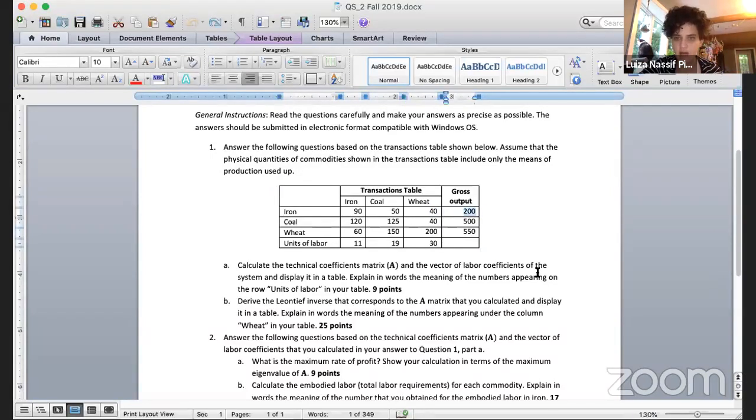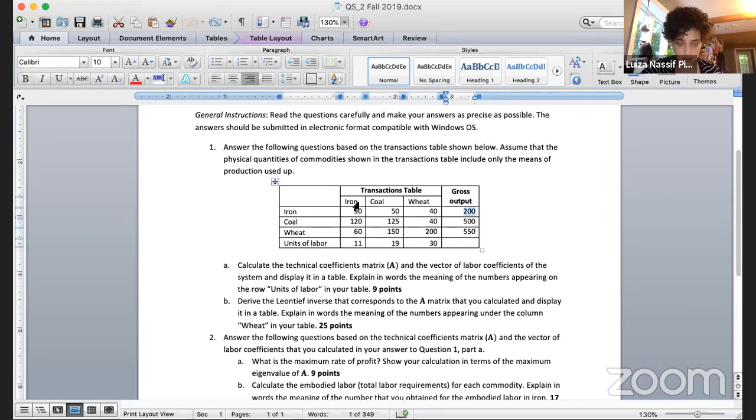And this accounts for what was sold as intermediate inputs, and also as final demand, which is not here, which would be the net output, but you can calculate it as a residue. So if you do 200 minus that sum, that's the amount of iron that was sold for final demand and not as an intermediate product in your economy. Okay.